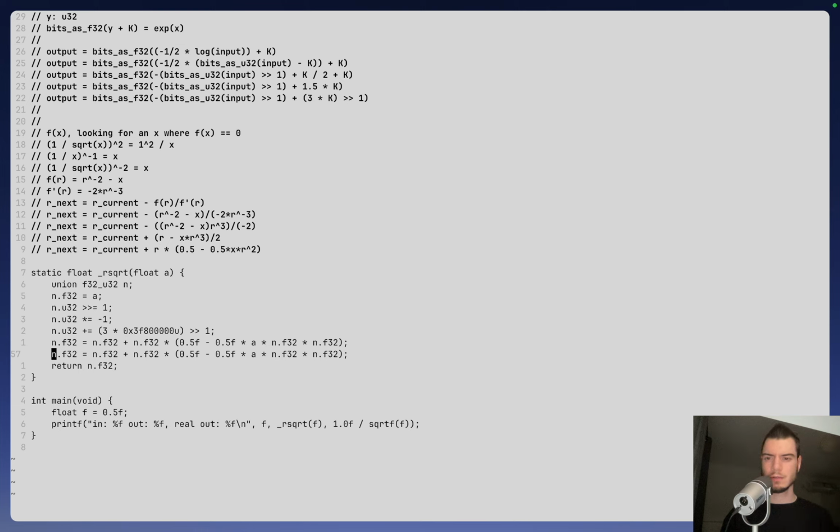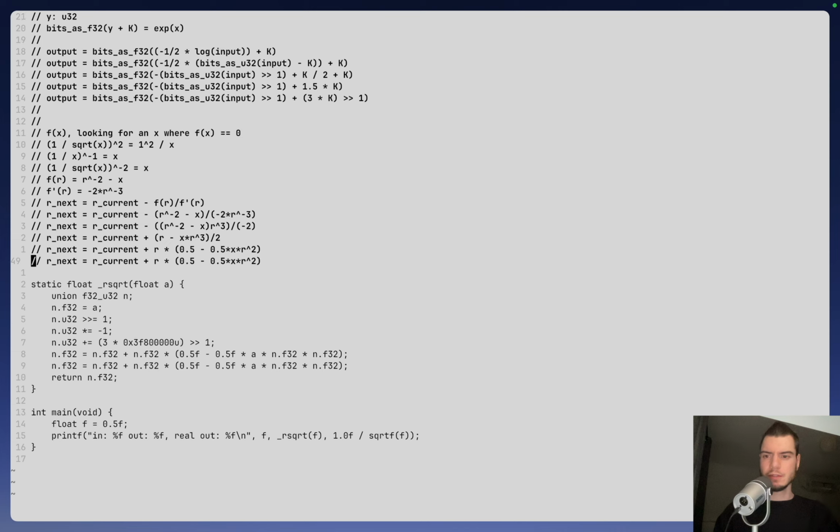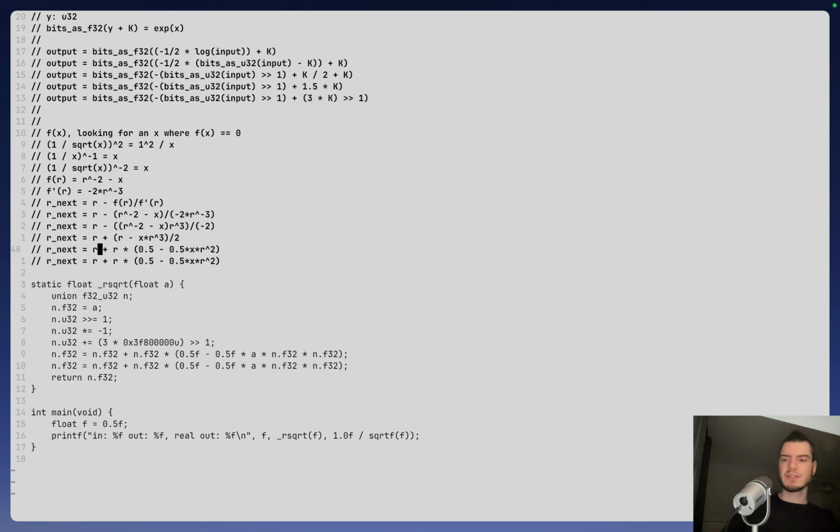Now, one thing we might be able to do here is, because r current and the r, I've written them as differently named things, but they are the same. Like, r current is just r. In fact, to make it clearer, this is just the same.